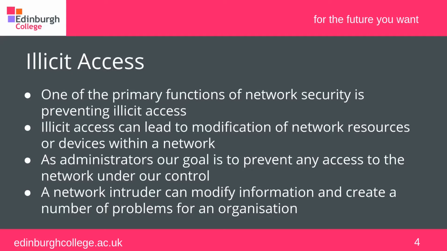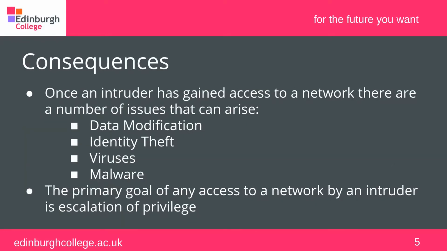So what will be the consequences of illicit access and potential data modification? Well, not just data modification, we have some other consequences of illicit access, and they include identity theft, viruses, malware.